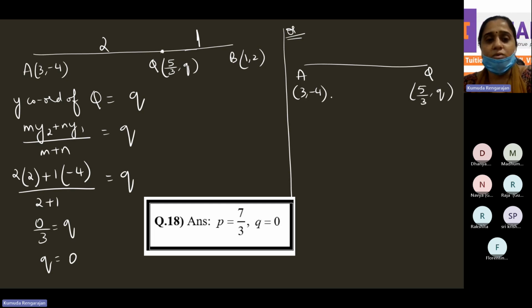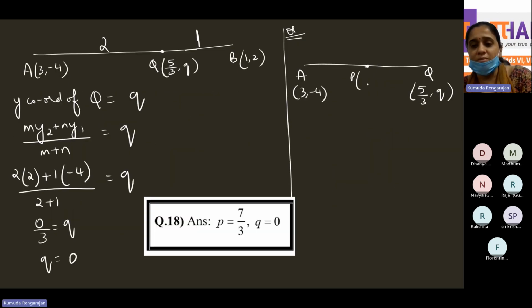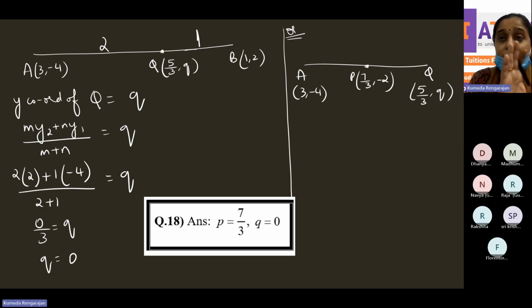A is 3 comma minus 4, Q is this one. And we already found P, 7 by 3 comma minus 2. You can take this line segment or you can also take PB, where Q is the midpoint of PB. You can take that also.